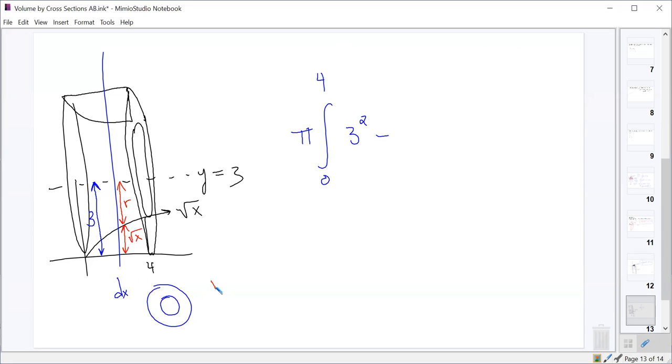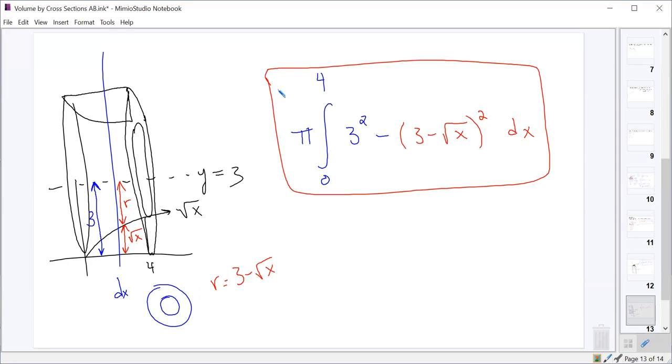So what does little r equal? 3 minus root x. Exactly. And there's our integral. Good or no?